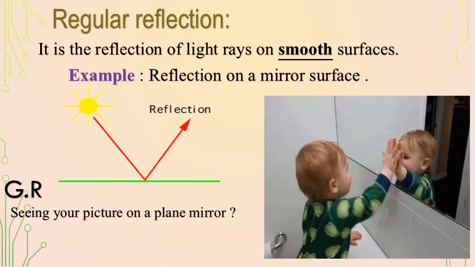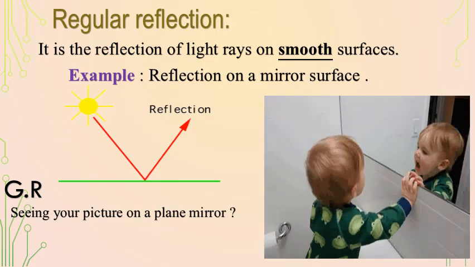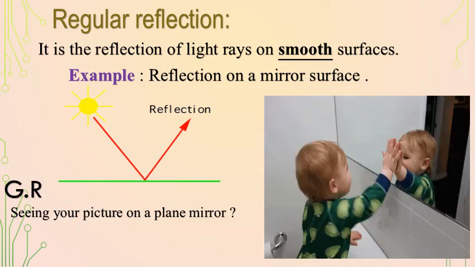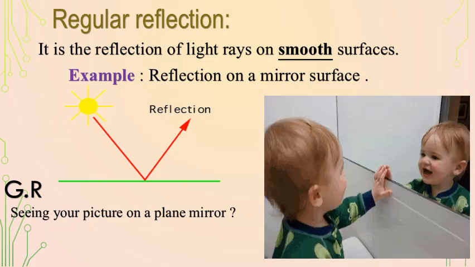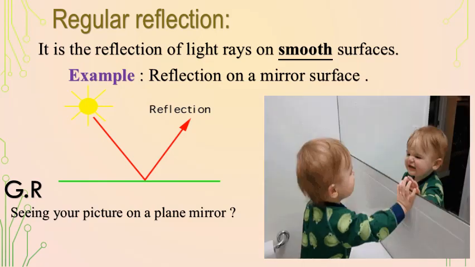What happens when light rays fall on a smooth surface like a mirror? It's reflected back in one direction, causing formation of your image on the mirror, like this picture in front of you. So, what is regular reflection?